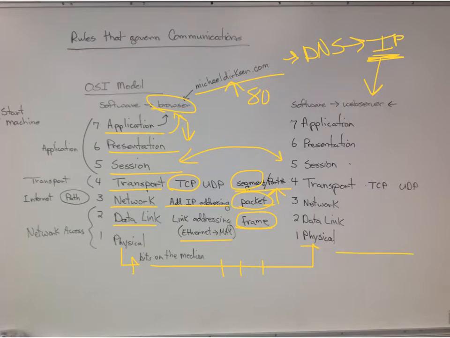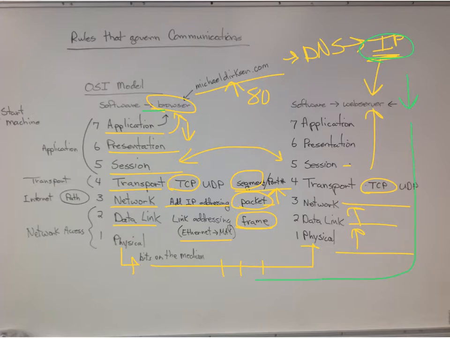So they take the bits, data link, network, TCP, session, and they move it up to the web server. Now the return trip, the web server then switches the IPs around. So now the destination IP is my computer clear over here. It sends it back down. Same thing.